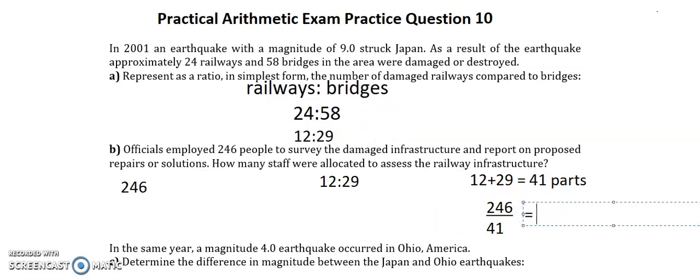This equals 6. So I know that per damaged railway and bridge, there were 6 people given to each one.